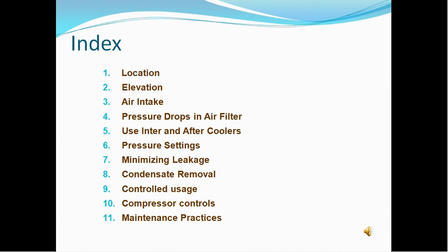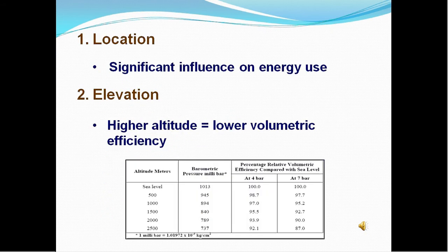The main factors are: location, elevation, air intake, pressure drops in air filter, use of inter and after coolers, pressure settings, minimizing leakage, condensate removal, controlled usage, compressor controls, and the last one, maintenance practices.